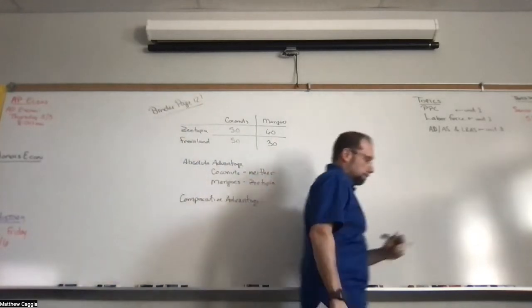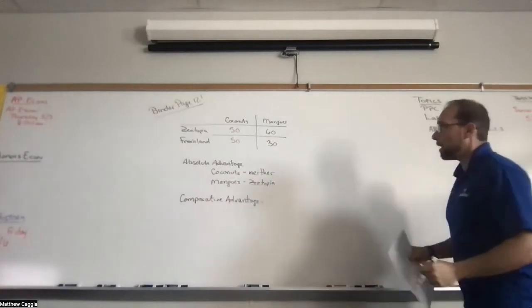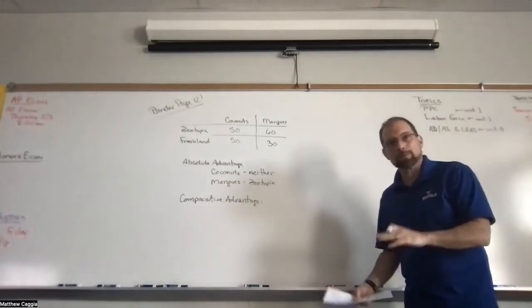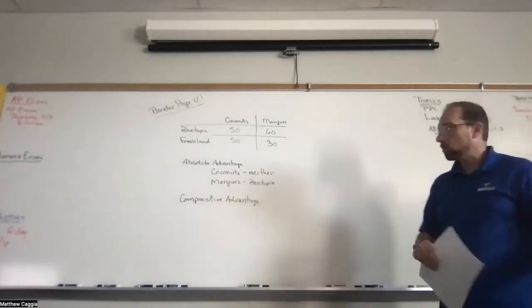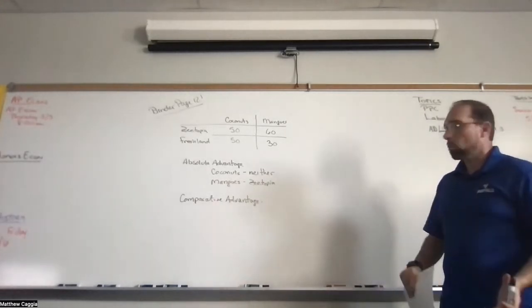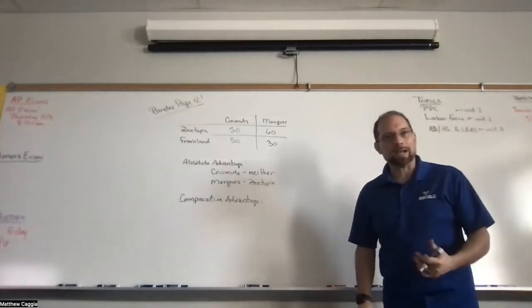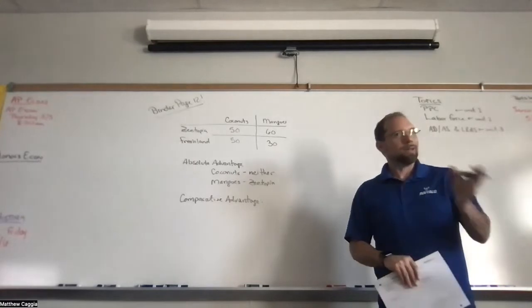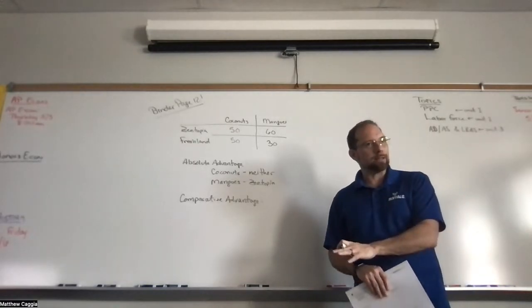Excellent, thank you. So for comparative advantage, we have to figure out their ratio: what do they have to give up to get either coconuts or mangoes? Then we decide whoever can do it the cheapest is the one that should make it, and they should trade to get the other one.